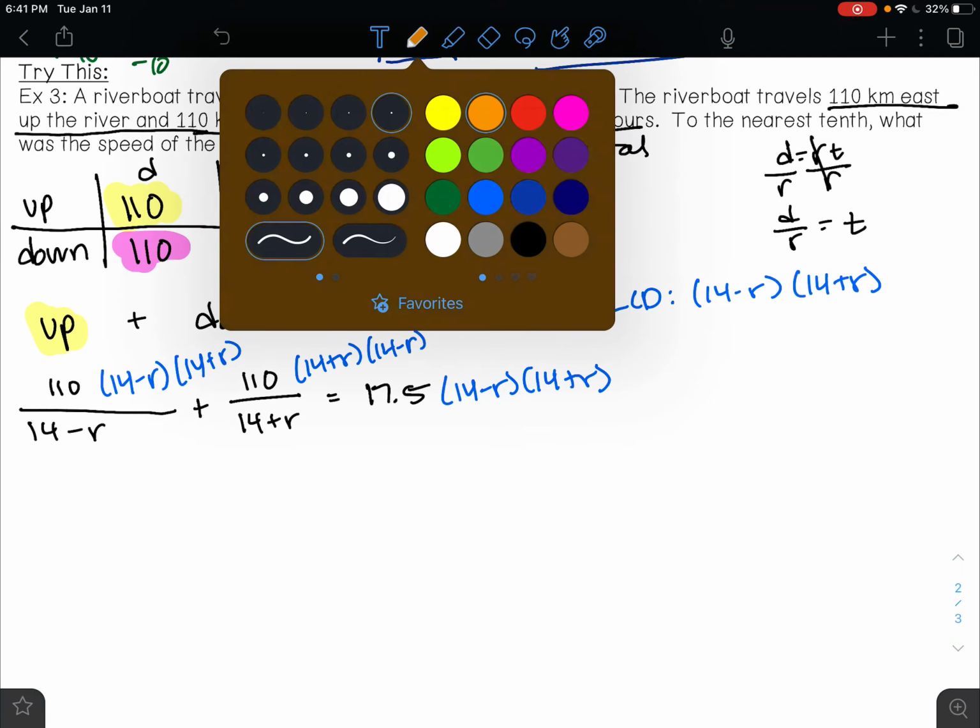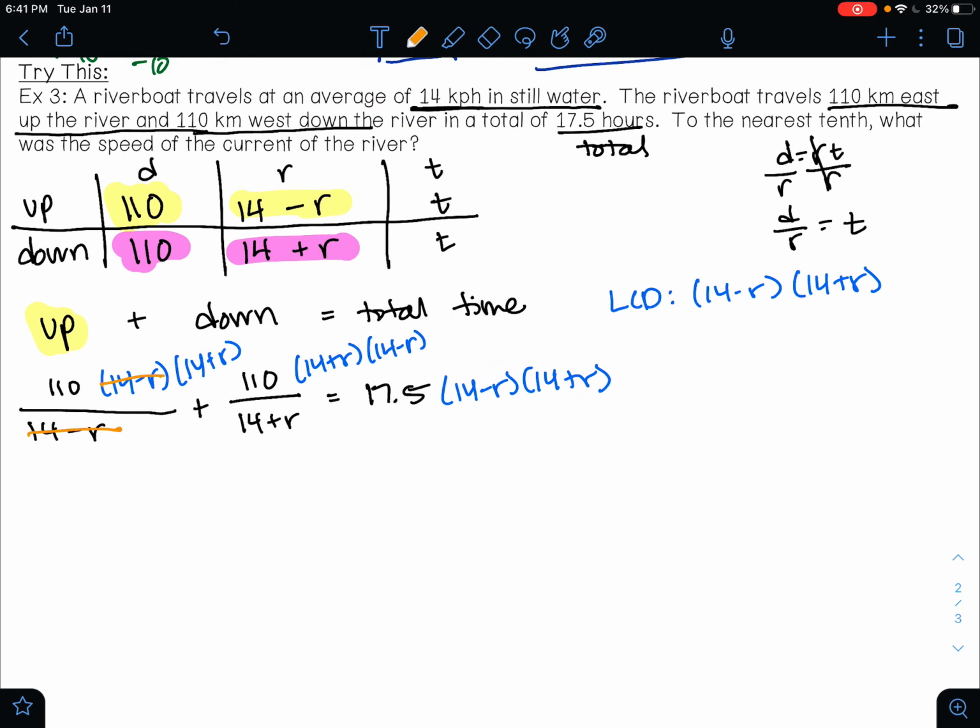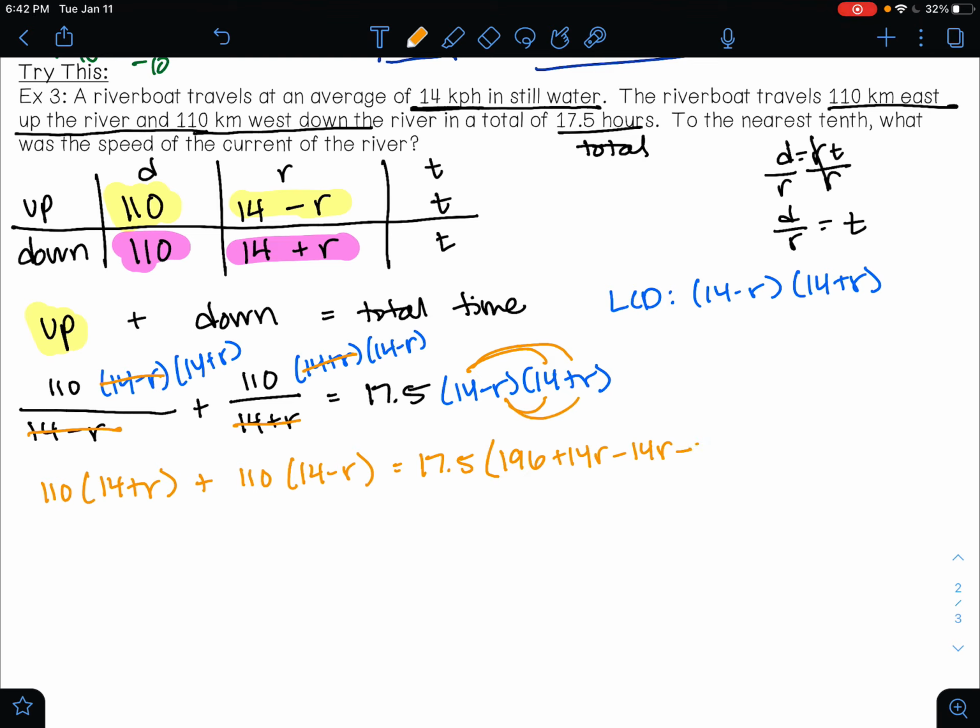When I do that, 14 minus R eliminates with 14 minus R, leaving me with 110 times 14 plus R, plus 14 plus R divided by 14 plus R is 1, so that leaves me with 110 times 14 minus R, equals, I'm going to bring down my 17.5, 14 times 14 is 196, and then 14 times R is 14R. Negative R times 14 is negative 14R. And negative R times R is negative R squared.